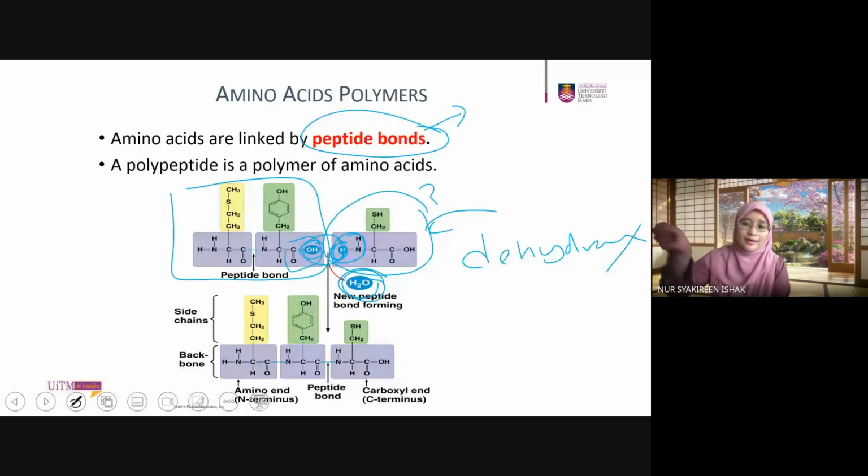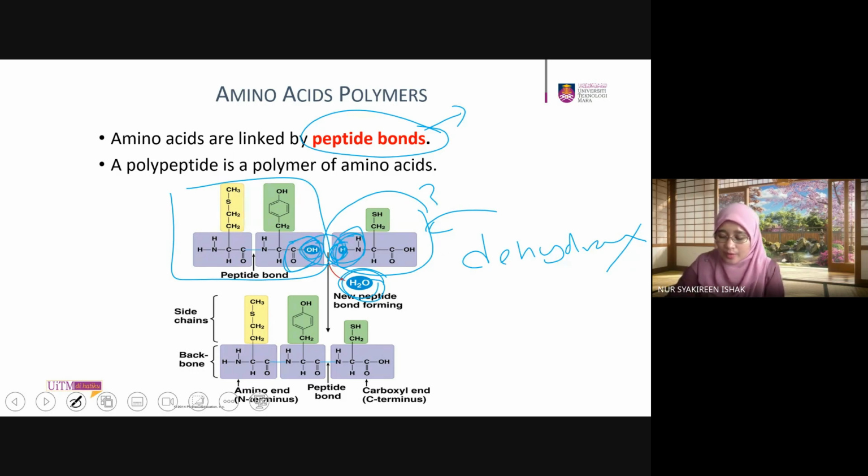If you want to add another amino acid, again the formation of the peptide bond also involves the release of a water molecule. So remember, for the formation of a peptide bond, the carboxyl group releases the OH, and the amino group releases the hydrogen atom. This reaction we call dehydration or condensation.